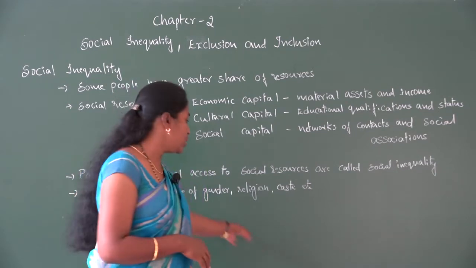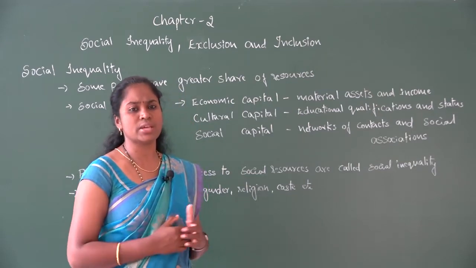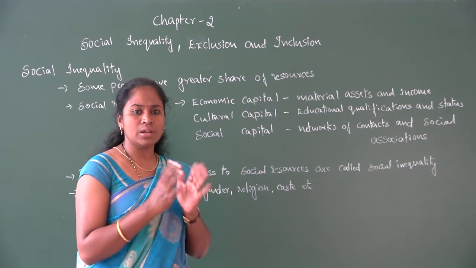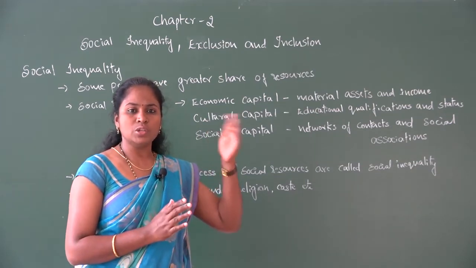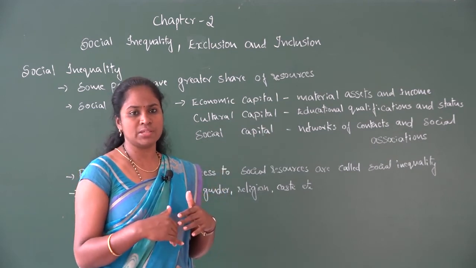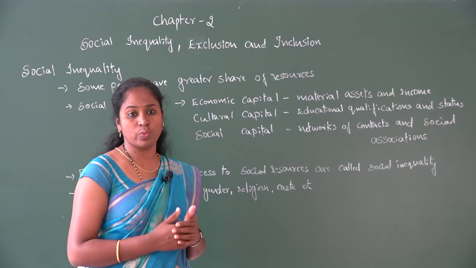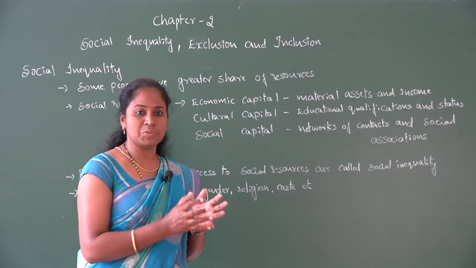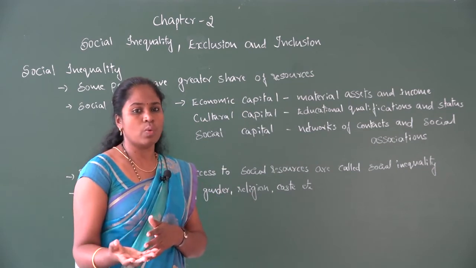For example, gender, male as well as female. In Indian society we find that there is a difference between male and female. Male is called the superior one and female is called the inferior one. Like this in religious groups also, one group calls themselves the higher ones and calls others the low ones.